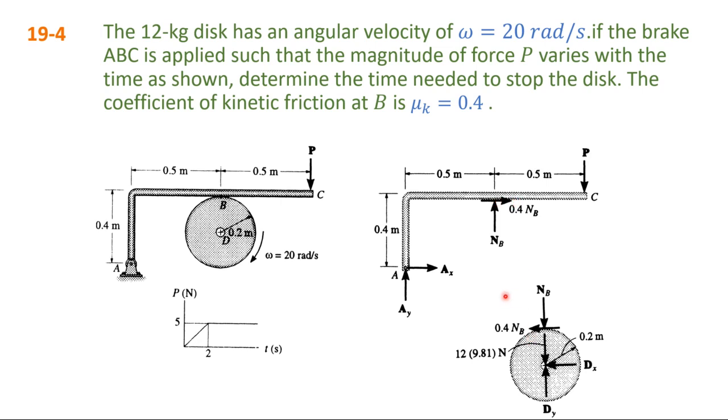The disk is rotating in the clockwise direction, so the friction force established should be to the left, which will stop the clockwise rotation. At the center point D, we have the weight going downward, the reaction Dy upward, and the Dx force to the left. The radius is 0.2 meters. We're going to use all these parameters to find the time required to stop the disk.